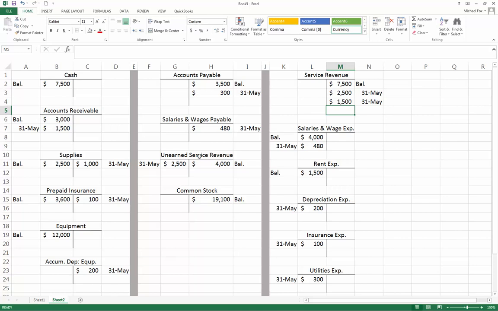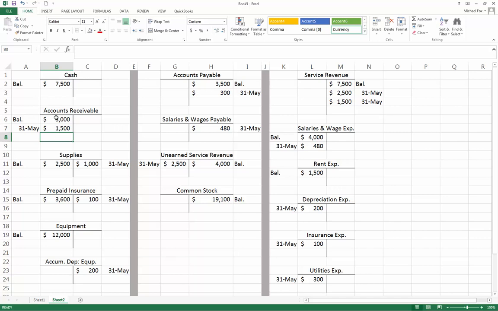Now I have to do an ending balance. In cases like cash here where I didn't have any additional entries, I just leave it the same. But in things like accounts payable, now I'm going to want to figure out a balance. So in this case, remember, I take my normal balance side, add it up, and subtract from it the opposite side. So for asset accounts, I'll expect my normal balance to be on my debit side.